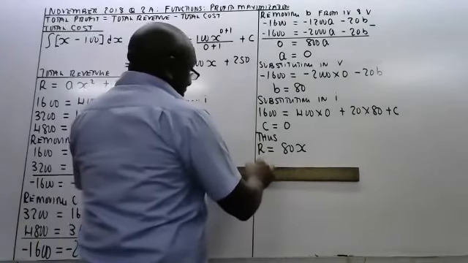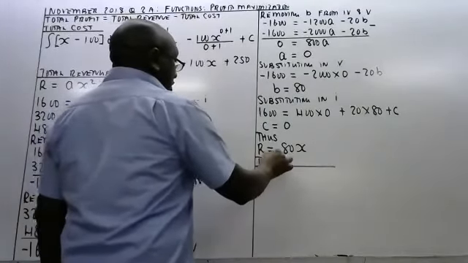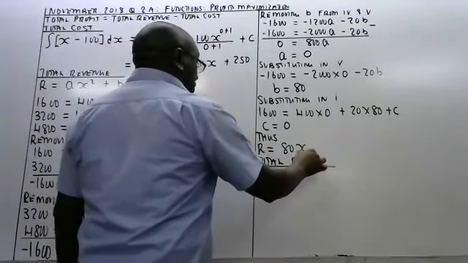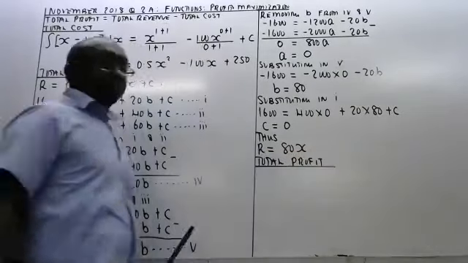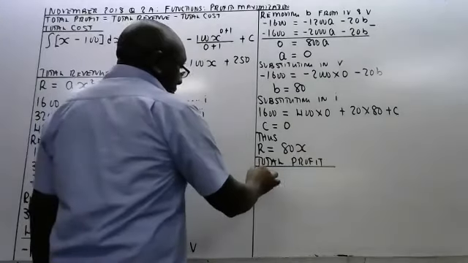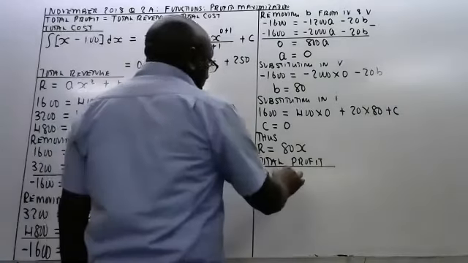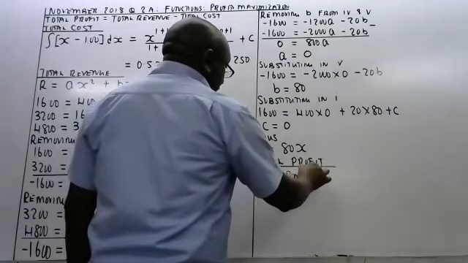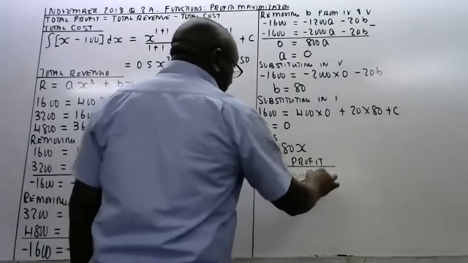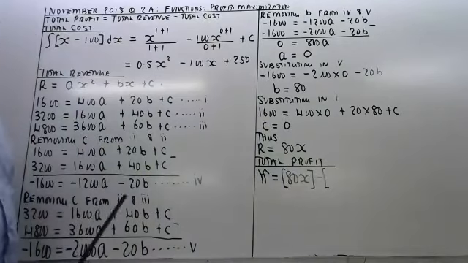So with that now, let us now compute total profits. So pi, profit, will be 8x, that is the revenue, minus the total cost.